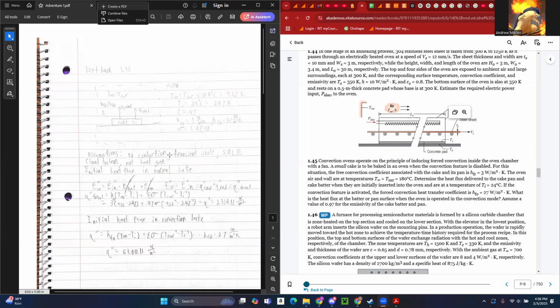Because the problem never gave any conduction coefficient, we're going to assume that the conduction is negligible here, like the pan is just floating in the oven. We are also assuming radiation follows a small object in a large enclosure, or SOL, which just means that the equation for heat flux is far simpler than it would be otherwise.